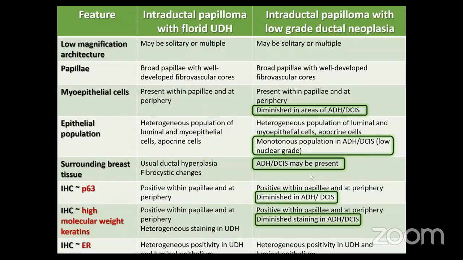Surrounding breast tissue may display ADH or DCIS, and on immunohistochemistry, there would be diminished staining for P63 in these abnormal areas. Similarly for the high molecular weight keratins, whereas for ER, there would be diffuse positivity in the ADH or low nuclear grade DCIS foci within the intraductal papilloma.